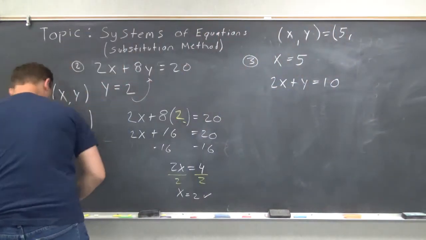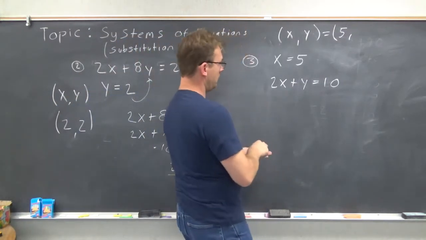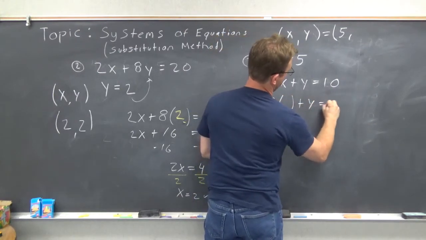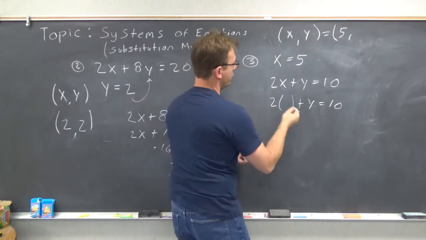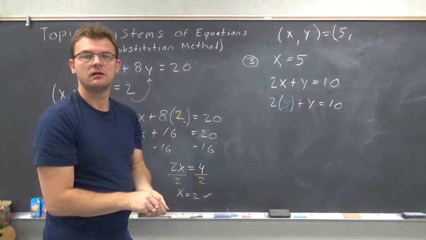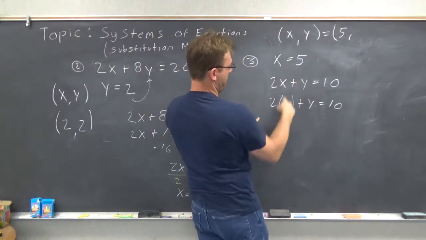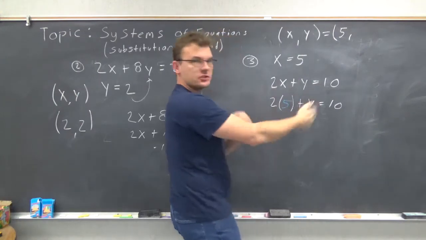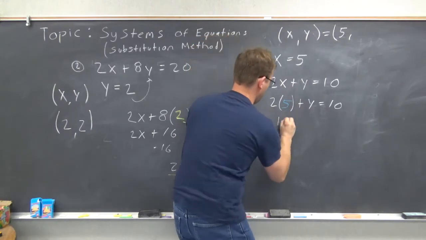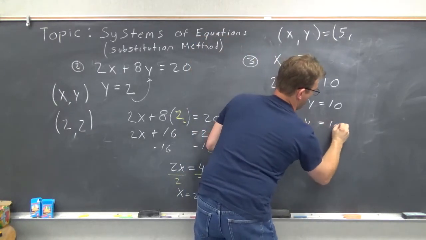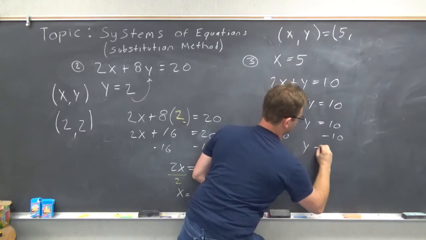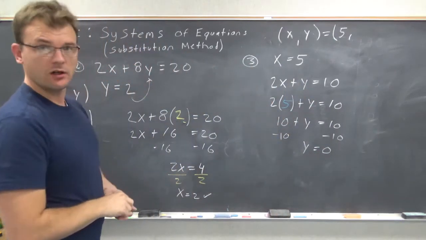So you're going to go 2 parentheses plus y equals 10. And now you're just going to put in 5, because this already equals 5. And now just solve. So 2 times 5, subtract, is 0.